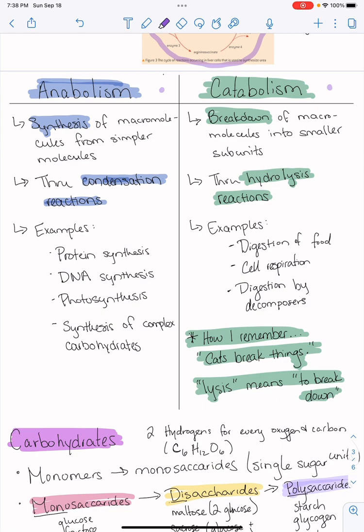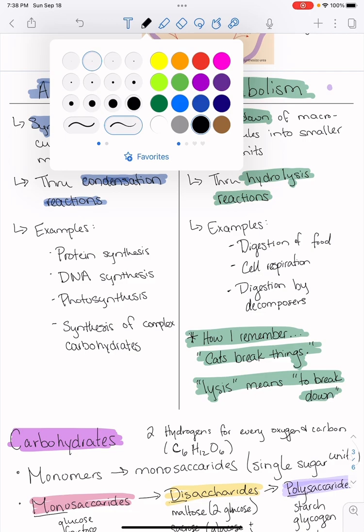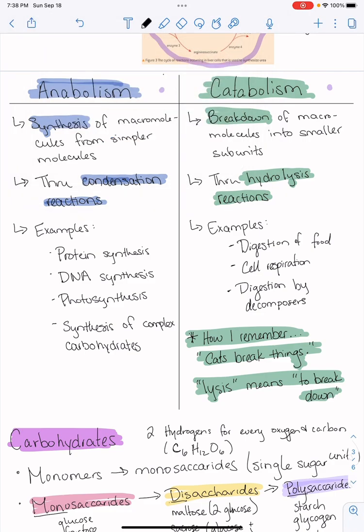And so the examples are pretty much the synthesis or the creation of most macromolecules. So protein, DNA, carbohydrates, like complex carbohydrates.